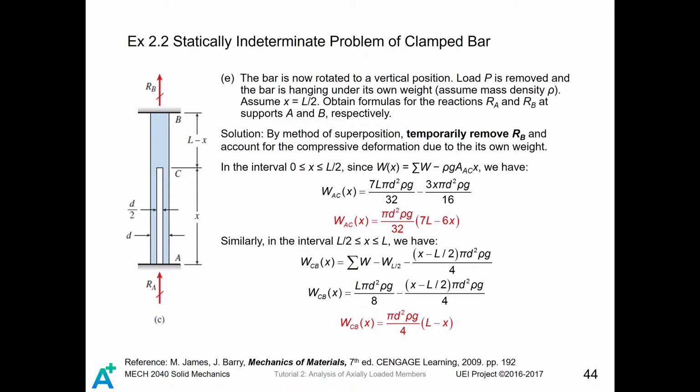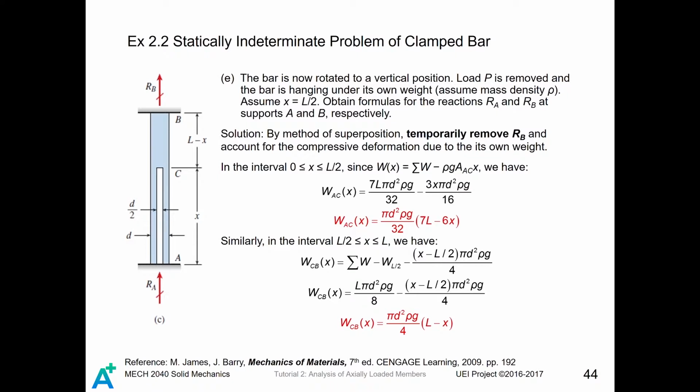So RB is pulling the bar upward to its original length, while the weight itself is tending to compress the bar so that the bar will become shorter. Therefore, we need to consider the deformation caused by each load independently, which is the method of superposition.